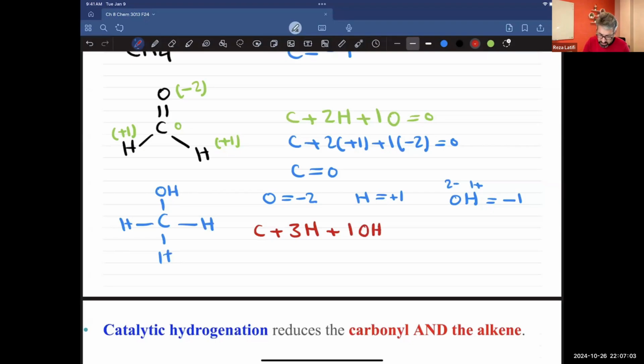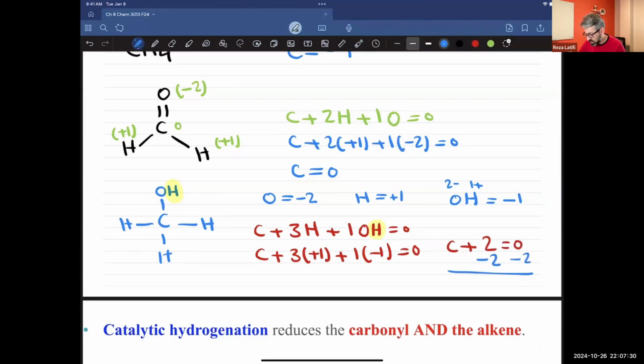This hydrogen, the one I'm highlighting, is attached to oxygen, not carbon, so we need to keep this one away. And that's going to be equal to the charge, which is 0. Carbon plus 3 hydrogens at +1, and then 1 OH at -1, equals 0. So it's carbon plus 2 equals 0. You subtract 2 from both sides, and that gives us an oxidation number of carbon equal to -2.